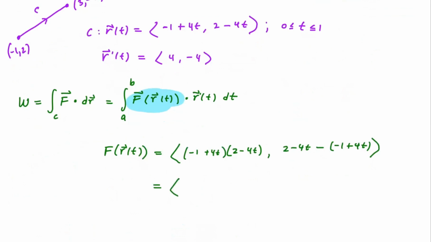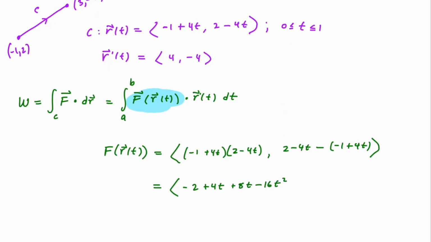For the x component, we're going to distribute. You get -2, and then -1 times -4 is +4t, and then 2 times -4t is +8t, minus 16t squared.